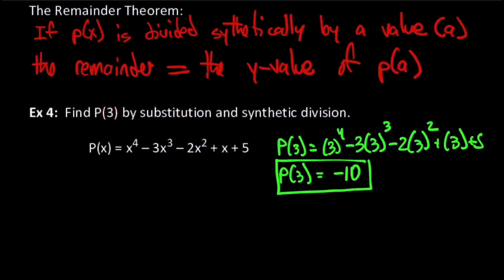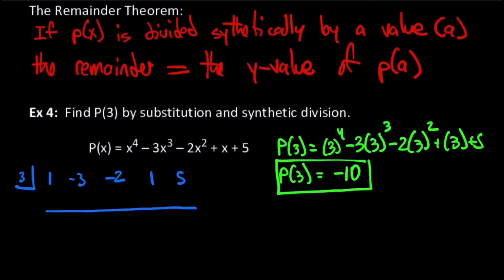So if I'm setting up synthetic division, I'm going to put the 3 in the box. Next thing I notice, my exponents, 4, 3, 2, 1. So I don't have to add any zeros. I'm just going to write these coefficients. So 1, negative 3, negative 2, 1, and 5.